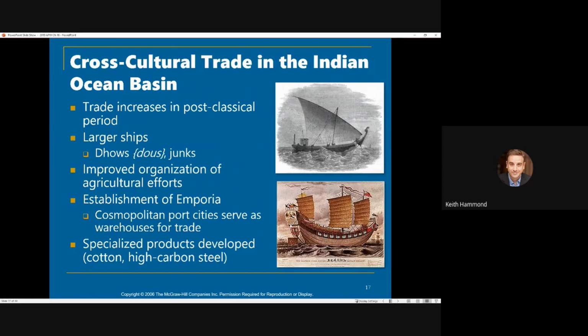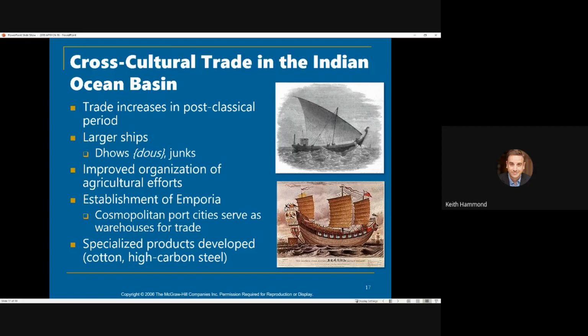And then this is an example of a junk. Dhows are going to be associated mainly with Indian Ocean trade and Arabs. The junks are going to be primarily associated with the Chinese, and both are going to be able to hold a lot more goods than were able to be held and transported before.